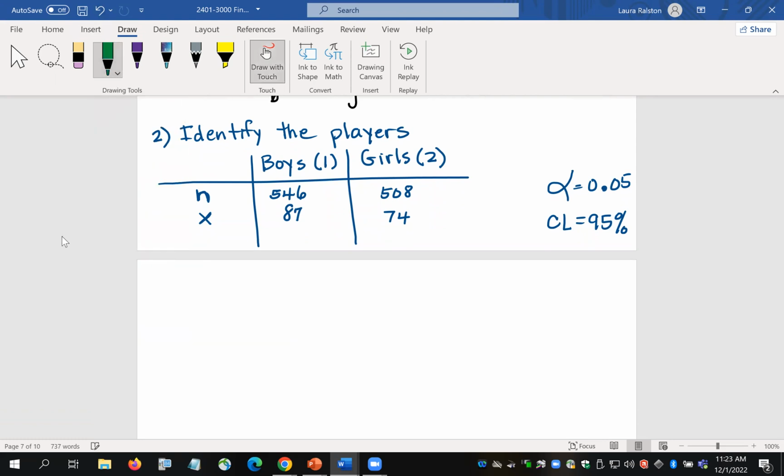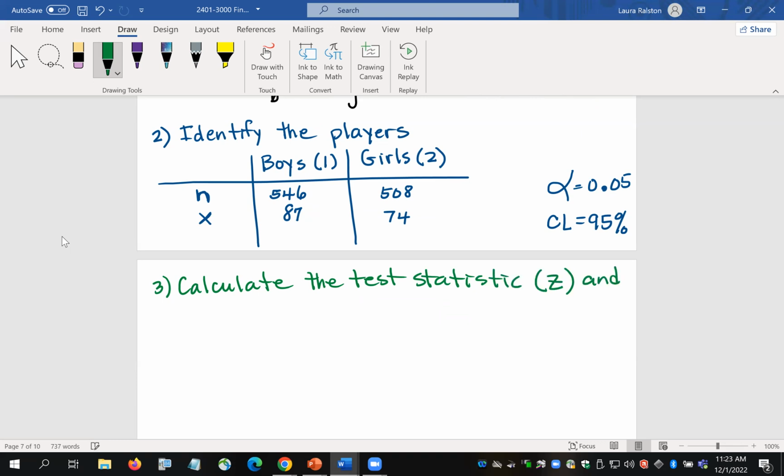Then question 3, you calculate the test statistic, which again in this case would be a Z, even though it's 2 proportions, and its p-value.